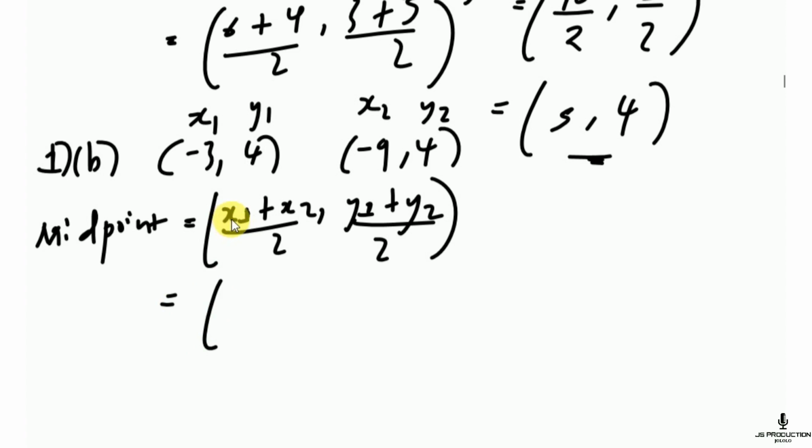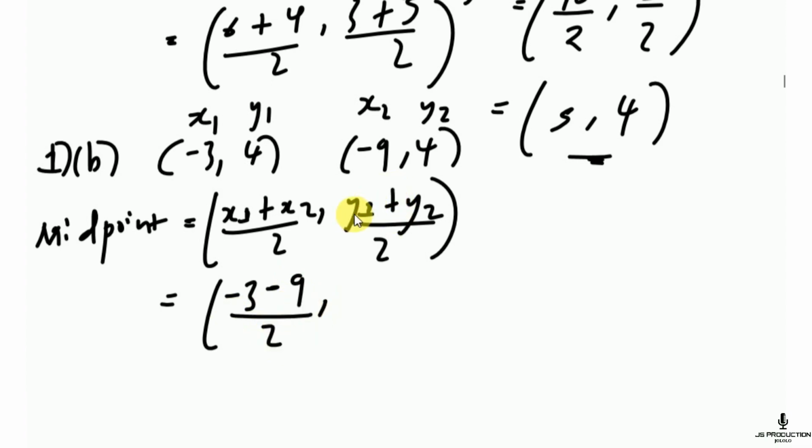My x1 there is negative 3. Then we have a positive there. What about my x2? My x2 is negative 9. So I'm going to say negative multiplied by positive there, we're going to have negative. So this is going to be negative 9 divided by 2.